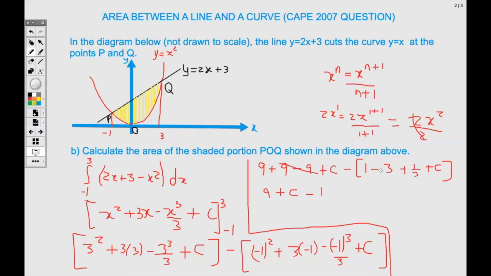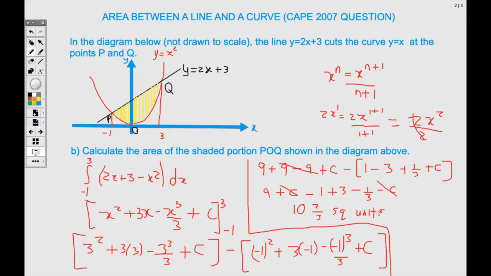So this becomes negative 1, positive 3, then this changes to negative a third, minus c. So this cancels. 9 minus 1 is 8, plus 3 is 11, minus a third is 10 and 2 over 3. Area, we have to write square units, because I don't know what the unit is, but it's square units, and that's the answer.